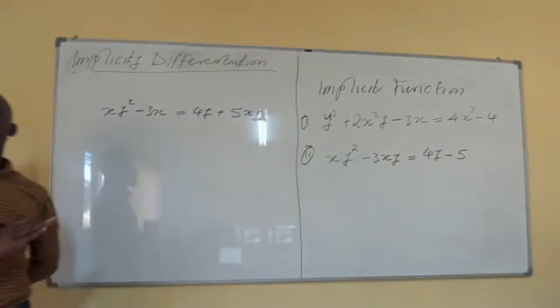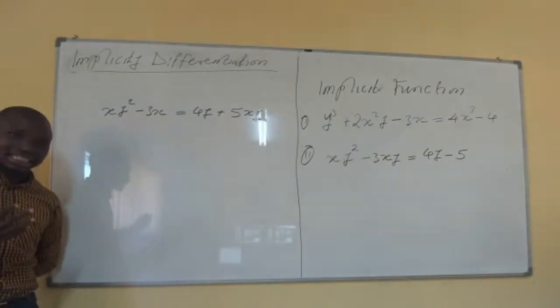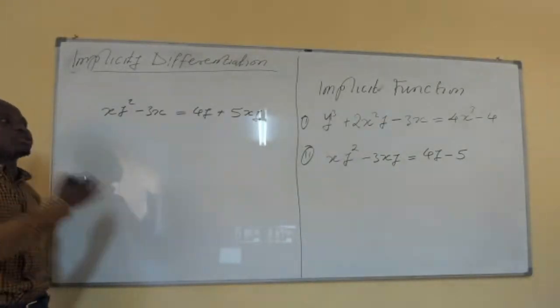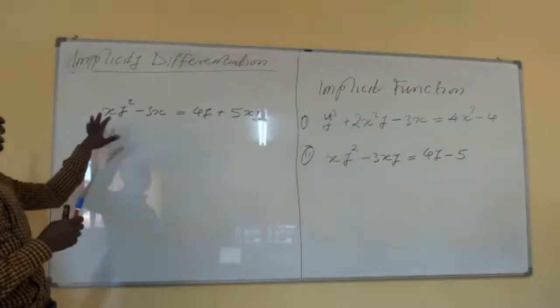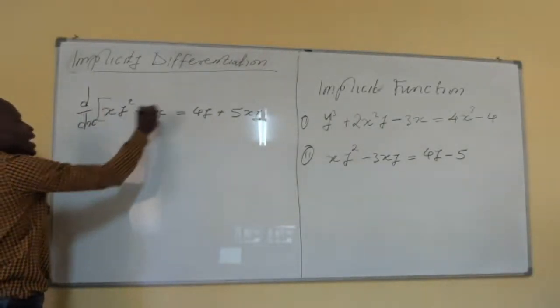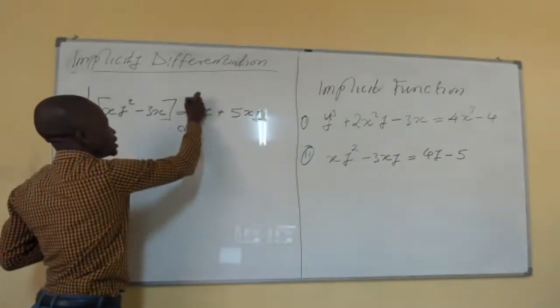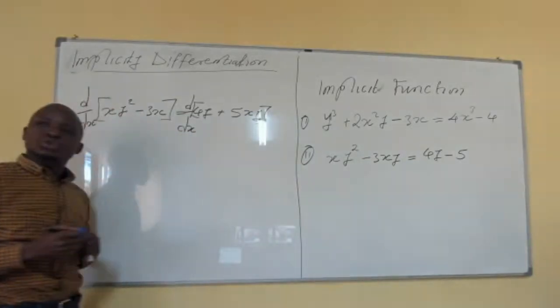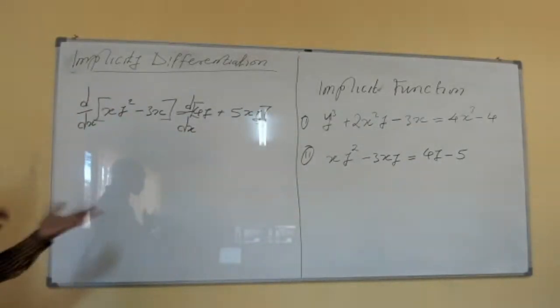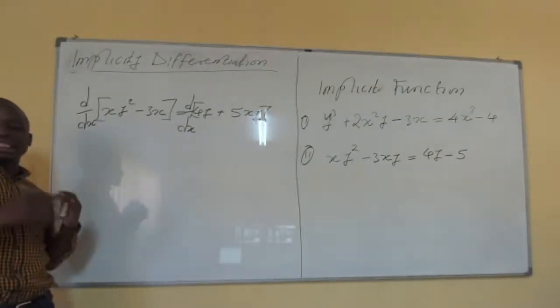If you have such a formula, what you need to do is differentiate both sides of the equation. You differentiate this side with respect to x, and on the other side you also take the derivative with respect to x. Now, how can you do that? Using the chain rule.